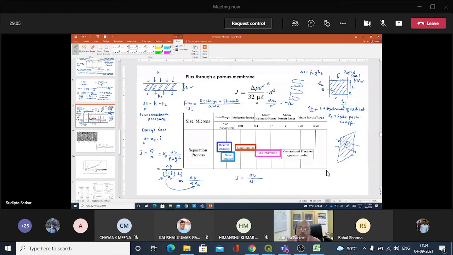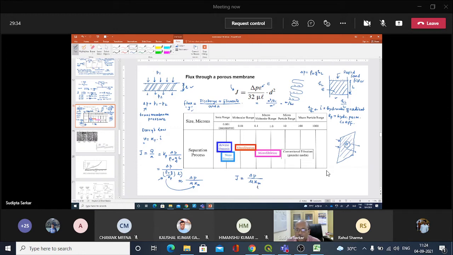So mu is the viscosity of water, which you can see is the same as the more dominant formula here, J equals delta P into porosity, 32 mu by L into d square, where the pore size is d square, and all these things are incorporated. So this is our equation for the membrane.